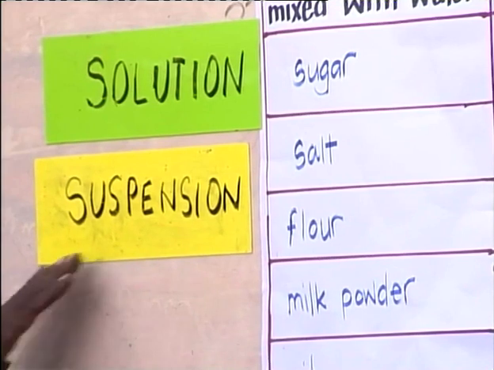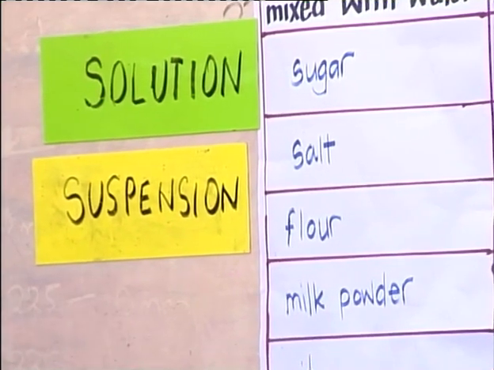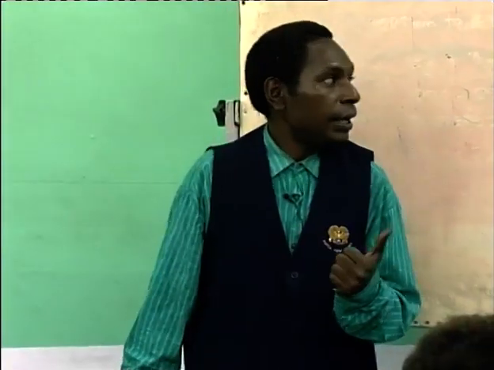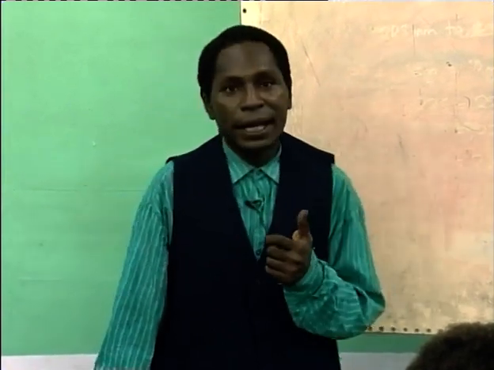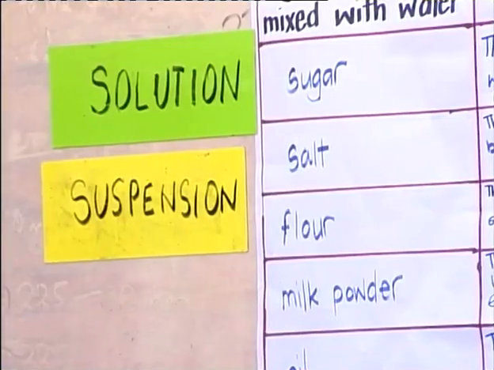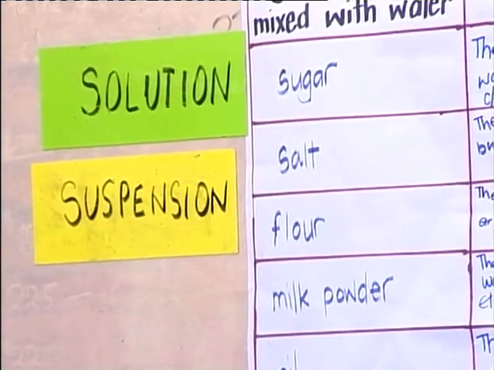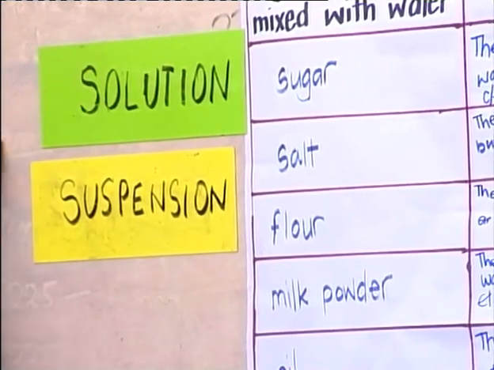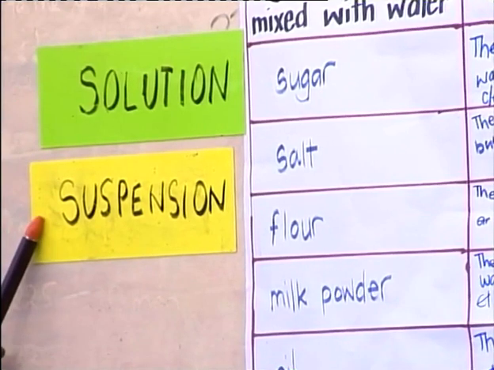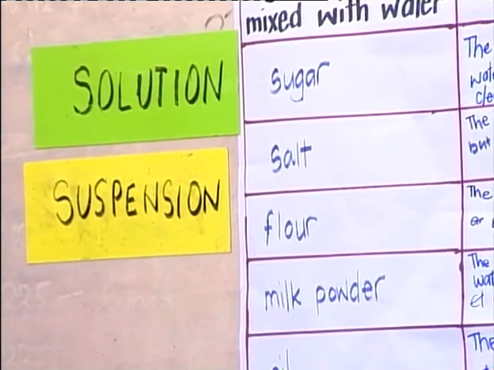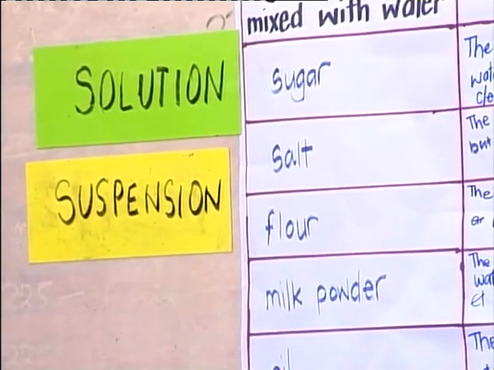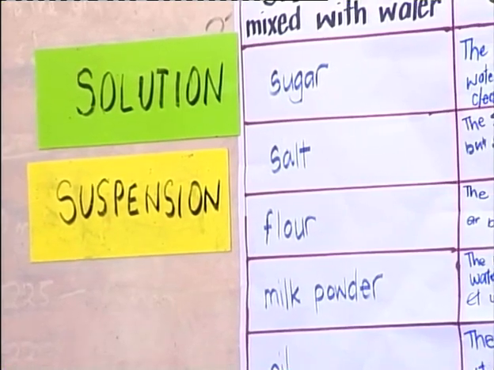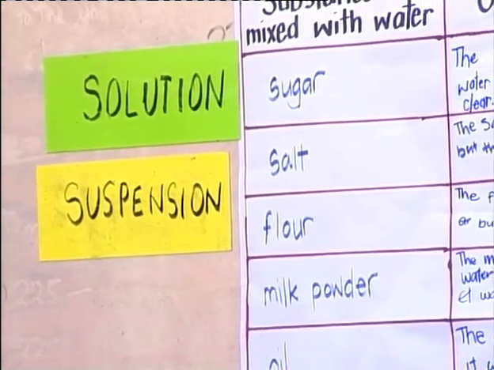Okay, so that is why it is a suspension. So whenever a mixture is clear, we call that a solution, and whenever it is cloudy, we call that a suspension. Okay, so what you were doing was solution and suspension. Very good.